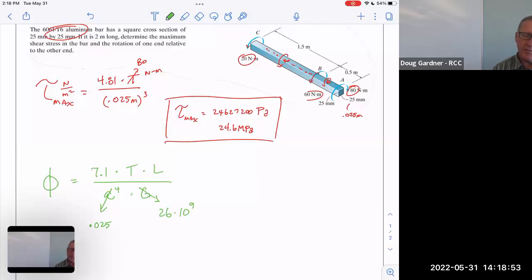Well, we did that before. Didn't we pick, we're trying to find the maximum shear stress. The bigger one is where the length times the torque is greater than the length times the torque on DC.